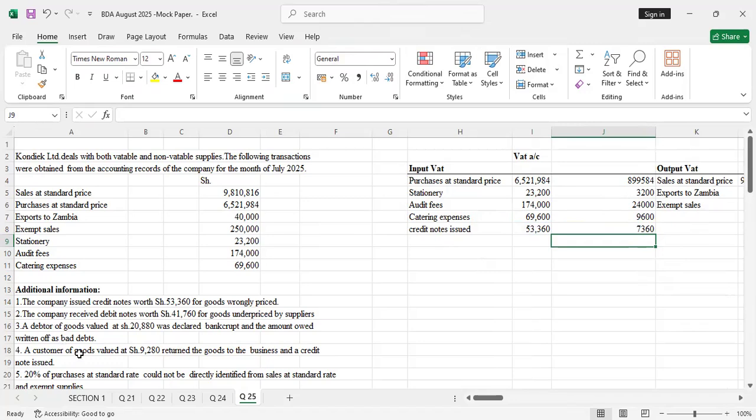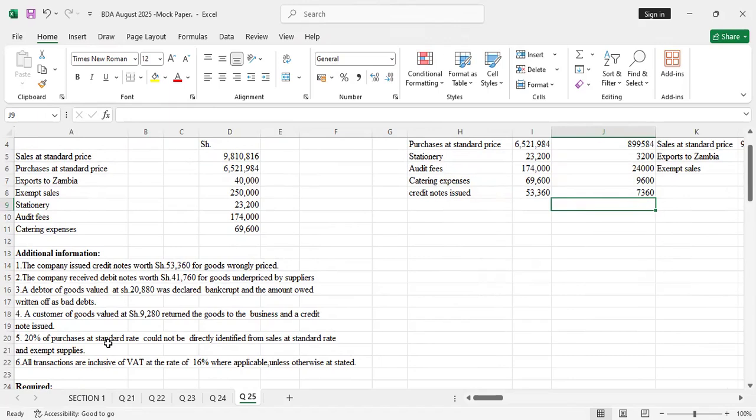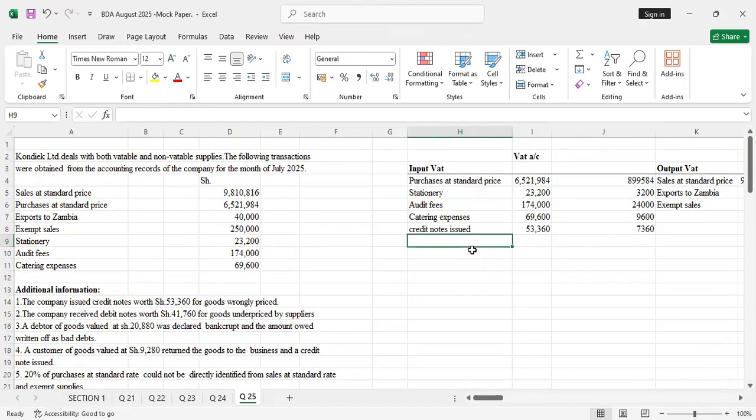Then number two, the company received debit notes worth 41,760 for goods underpriced by suppliers. Yeah, so we have the debit notes received. We'll have it under input also. So the company received debit note.